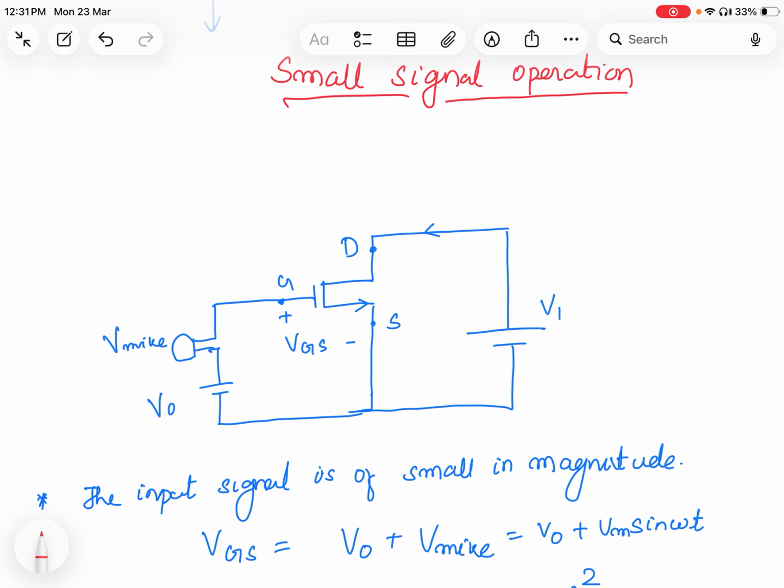The small signal is very small compared to the DC voltage. Providing a small signal to the MOSFET and checking how it behaves is called small signal modeling or small signal analysis. By using small signal analysis, a nonlinear circuit is approximated to a linear circuit.